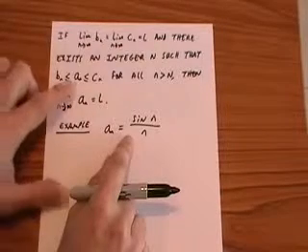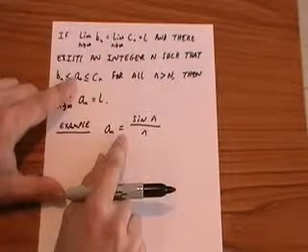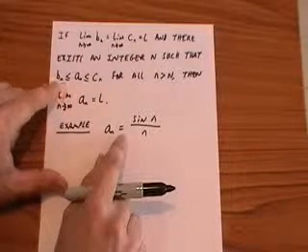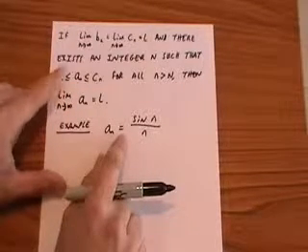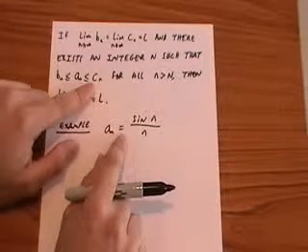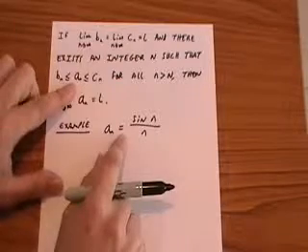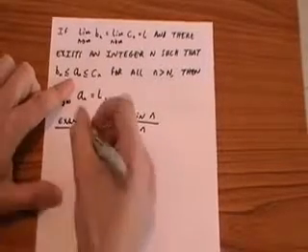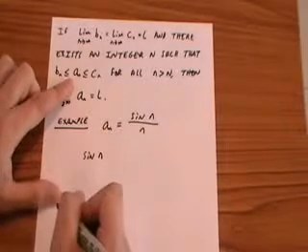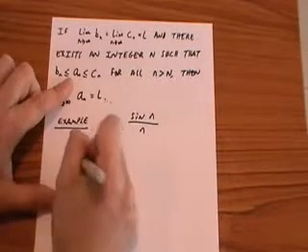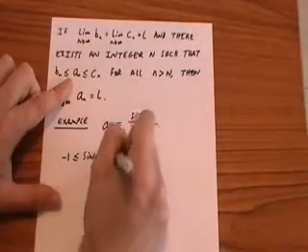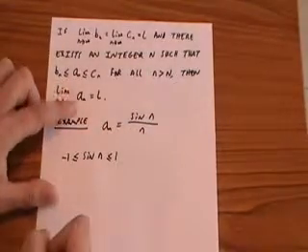Well, what I need to do is set up an inequality with an in the middle, where the nth term of an has to be bigger than or equal to the nth term of bn, and also the nth term of an must be less than or equal to some other sequence cn. Okay, so first thing I'm going to do is consider the trig function sine n. And I know that sine n is always greater than or equal to -1 and less than or equal to 1.